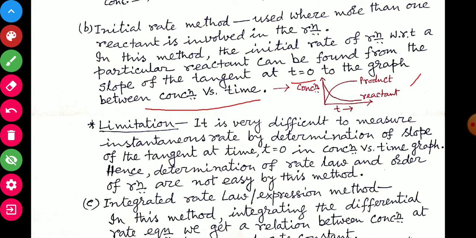Limitation: it is very difficult to measure the instantaneous rate by determining the slope of the tangent at t equal to 0 in the concentration versus time graph. Hence, determination of rate law and order of reaction is not easy by this method.